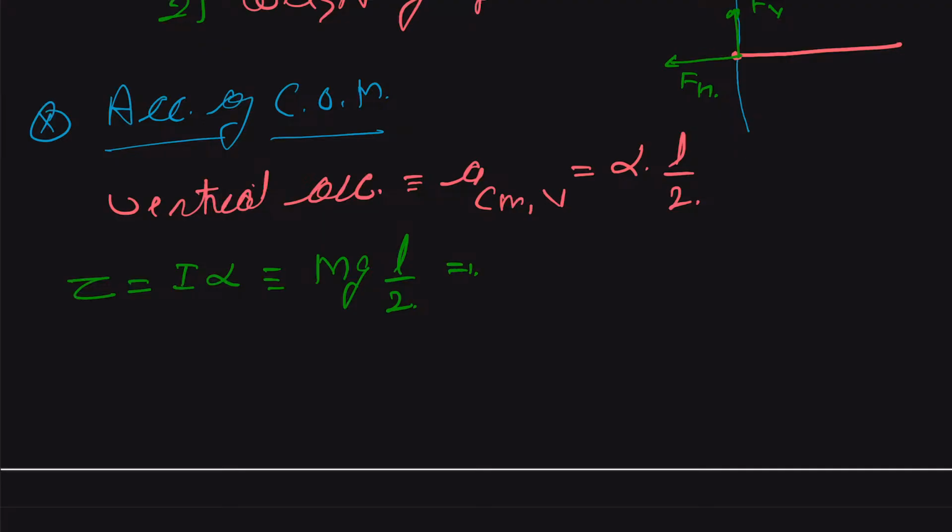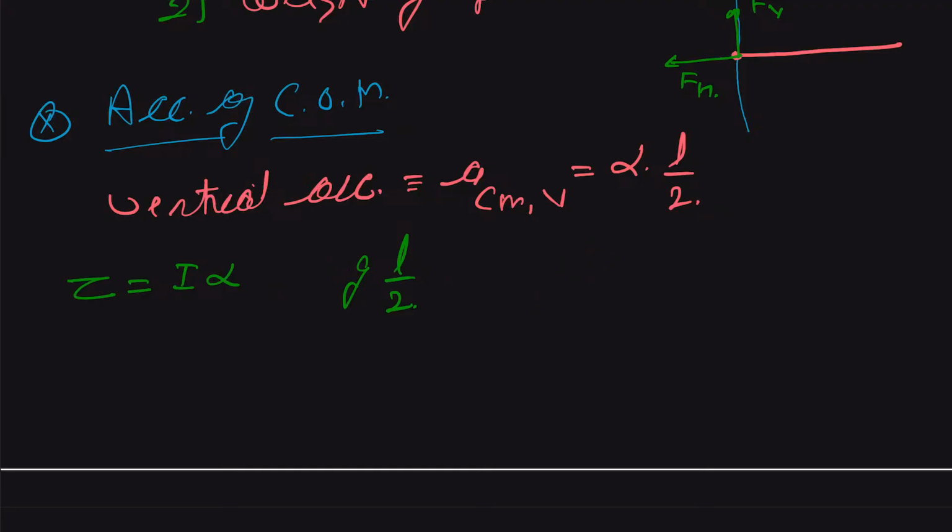We substitute the value of I, which is 1 by 3 ml square, times alpha. One second. Let me do it otherwise.